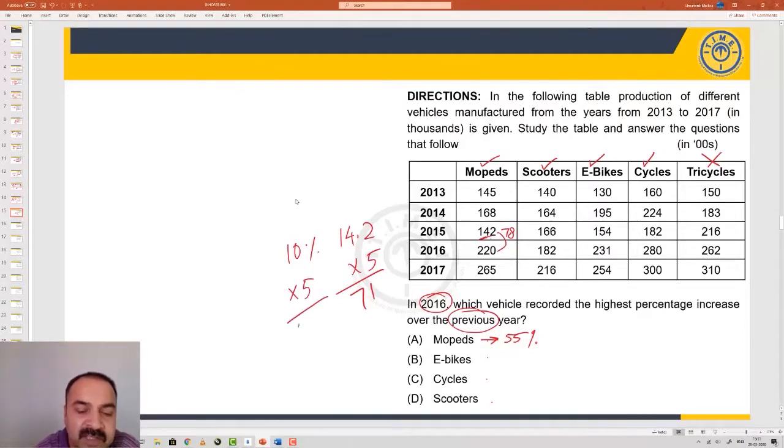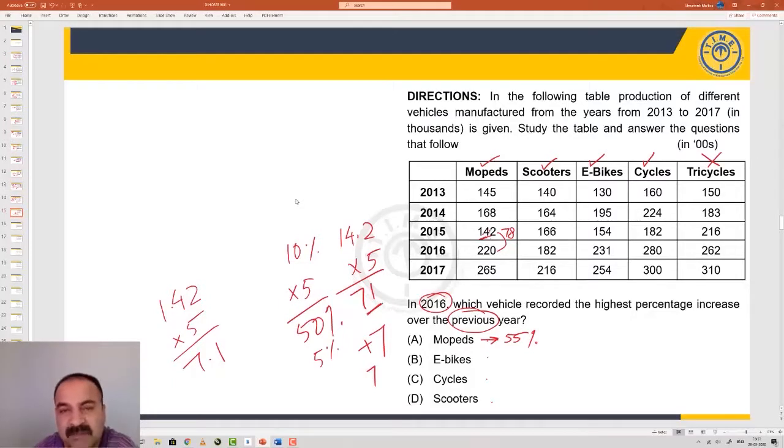Therefore, you have achieved 50%. But your value is not 71, it is 78. You have to go further 7 points ahead. If 14.2 was your 10%, what is 1.42? That is 1%. So 1.42 is 1%. And if I multiply it by 5, I will get 7.1. So if I add another 5%, I will get close to 7.1. So 55% gives me the value 78.